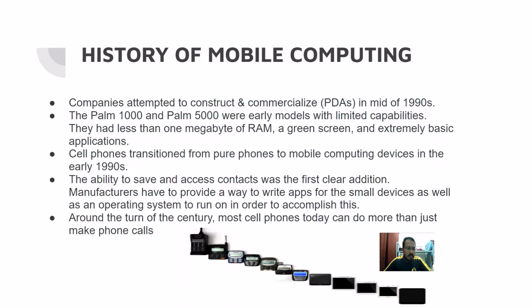Then cell phones transitioned from pure phones to mobile computing devices in the early 1990s. The ability to save and access contacts was the first clear addition. Manufacturers provided a way to write apps for small devices as well as an operating system to run them in order to accomplish this.